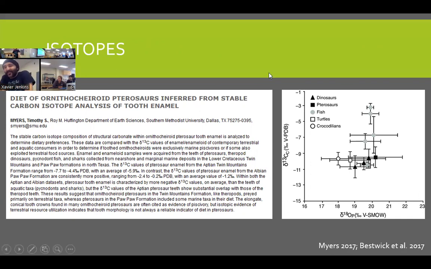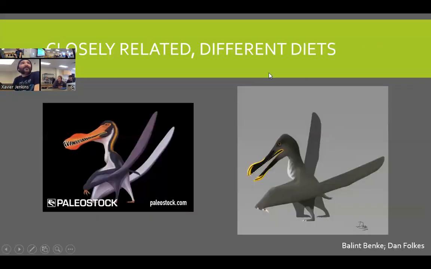These studies determined that in the case of some closely related pterosaurs, like for example these two, Anhanguera and Coloborhynchus, the isotope ratios indicate that Anhanguera was eating a lot of aquatic prey, whereas the closely related Coloborhynchus was eating more terrestrial prey. Its delta carbon-13 values were more similar to those of predatory dinosaurs.